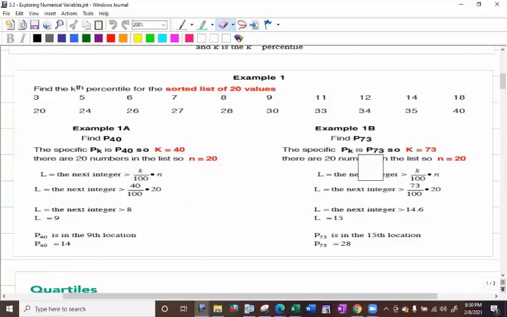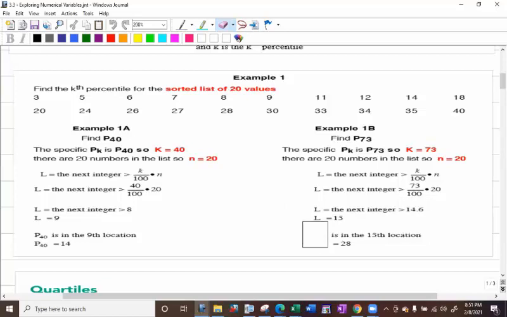Here's another one, the 73rd. You take 73 divided by 100 times 20, and it's 14.6.